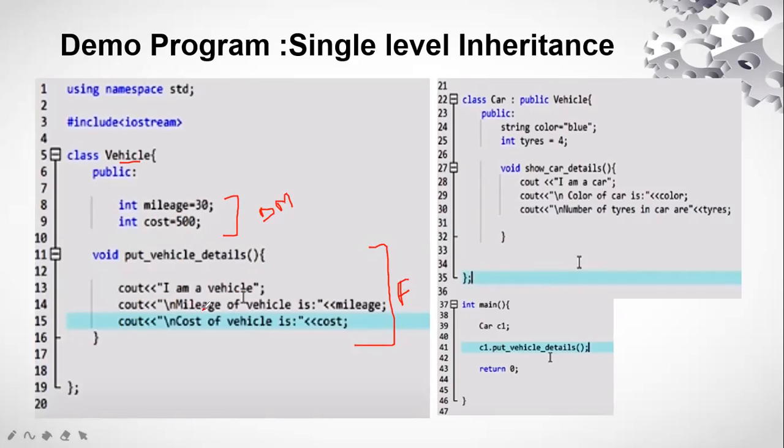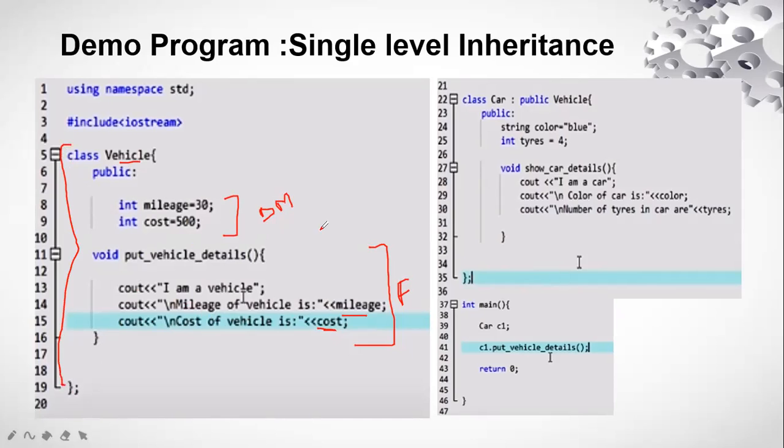Then cout \n for next line. Mileage of vehicle is, I'm going to print the mileage. Cout \n cost of vehicle is, I'm going to print the cost, right? Then curly braces close. Then curly braces close for the class and a semicolon. So this is the complete class.